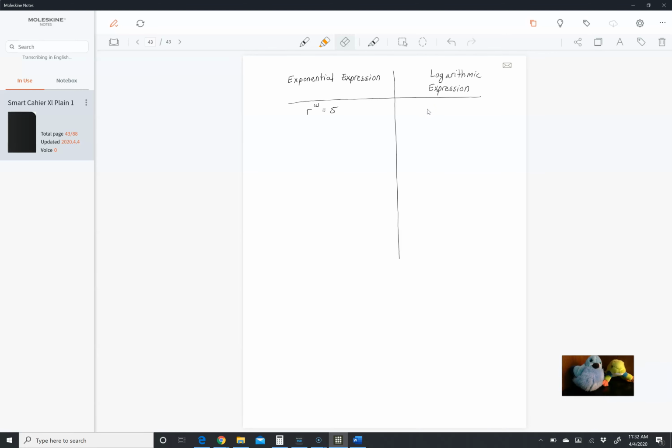Well, the purpose of a log is to solve for the exponent. Solving for the exponent means the exponent is by itself on one side of the equal sign. And then we are going to have log. The base of the exponential is the same as the base of the logarithmic, so the base is r. And then the only thing left is the argument. So the argument is the answer. So we would say this as w equals log base r of 5. Notice we're not trying to solve any of this, okay?